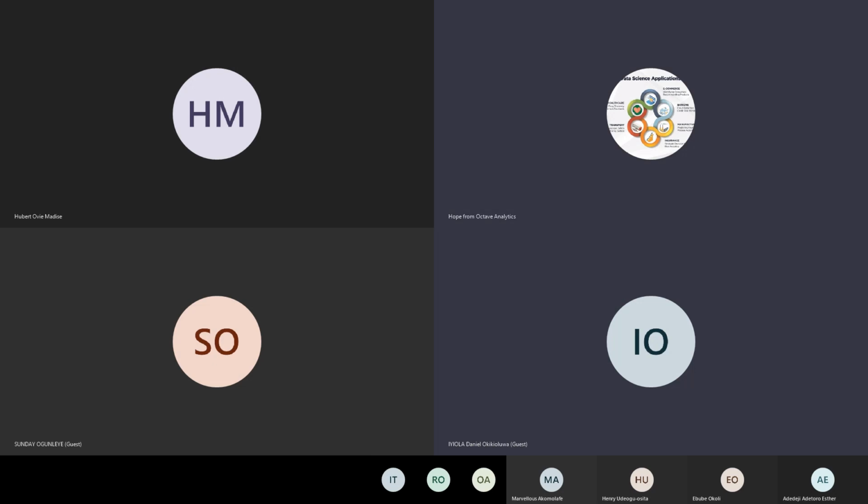Then we went further to talk about the types of languages embedded in SQL: the data definition language, which has to do with creating or working with data in SQL; then the data manipulation language, which is used to manipulate the data in the tables or database; then data control and transaction control language.